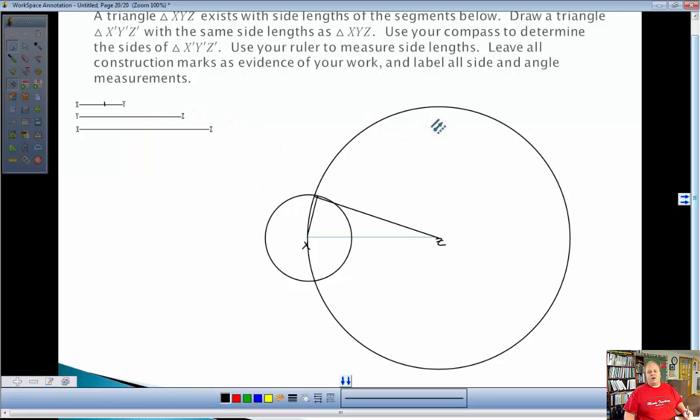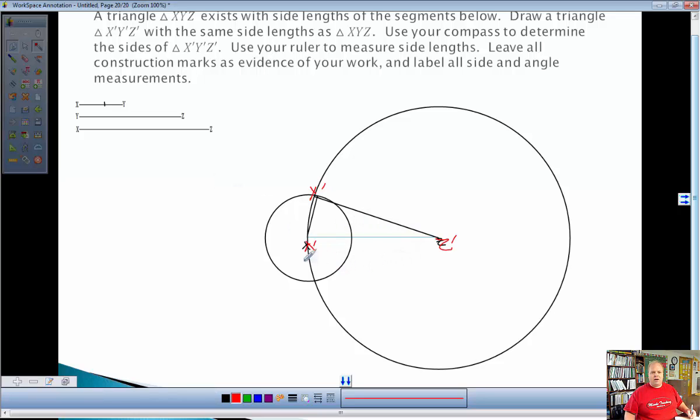I could go through and erase all the circle and construction work, but it says leave all construction marks in evidence. Now I need to label the new triangle. So this would be X prime, Z prime, and Y prime. The exact same measurements and angles are all right here.